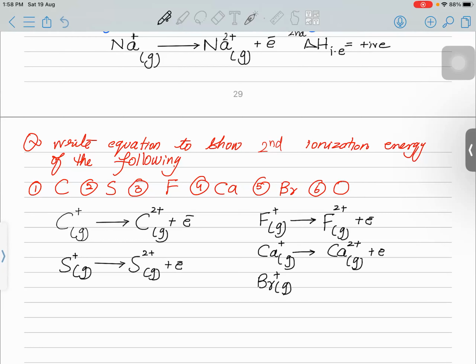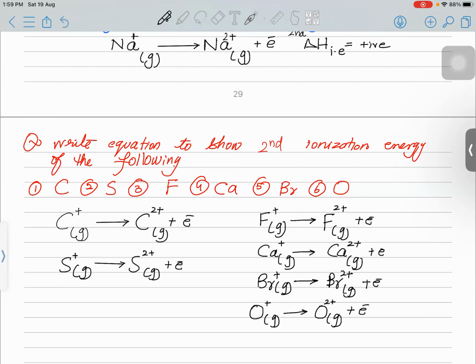Bromine plus gaseous converts into bromine 2 plus gaseous plus electron. Oxygen plus gaseous converts into oxygen 2 plus gaseous plus electron. This is second ionization energy.